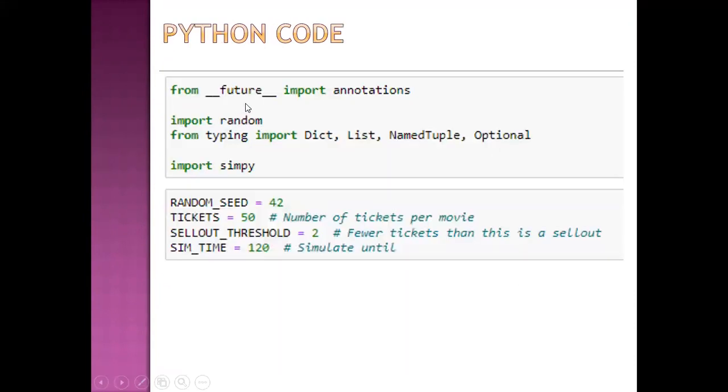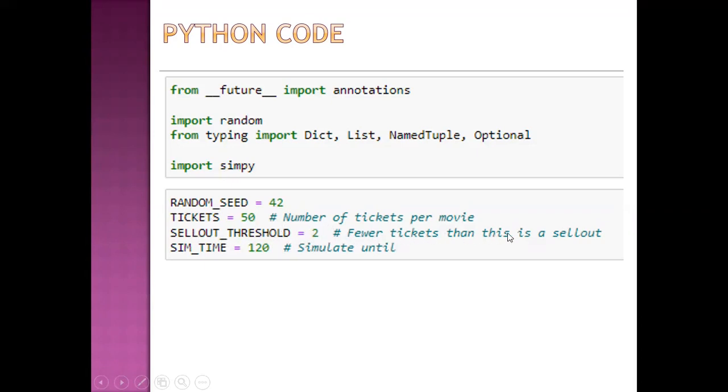So first of all, we import certain useful libraries, including the random package, then the SimPy package, and there is a random seed, and we have assigned 40 to it, and the tickets are 50 per movie, and the sellout threshold is 2.